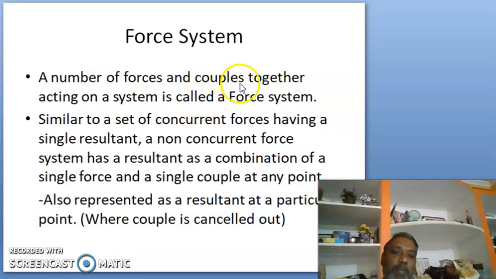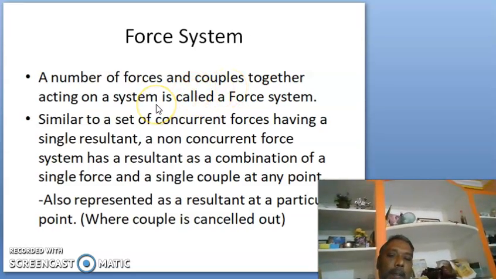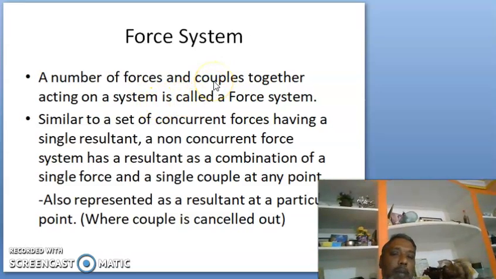When we say couples, we can include any moment. However, a couple is a pure rotational effect, whereas a moment includes couples and forces. So when we want to refer to a pure rotational effect, we call them couples. So a force system consists of forces and couples.